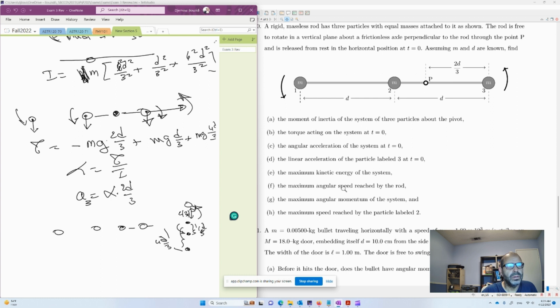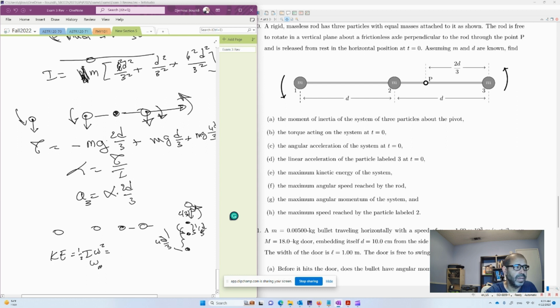The maximum angular speed. So once you find the maximum kinetic energy from the conservation of energy using just the potential energy, you're going to use the fact that the kinetic energy, which is really 1/2 I omega squared, must be equal to the change, in this case the maximum kinetic energy that you compute from the calculation of the potential energy.